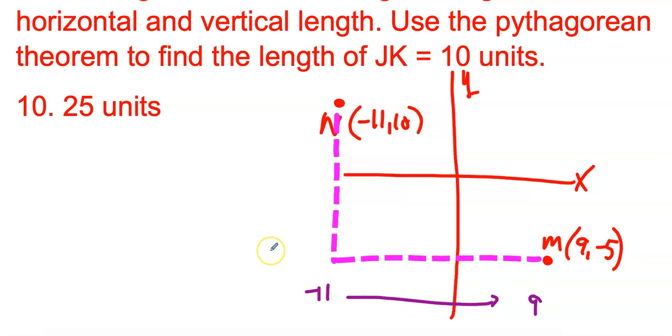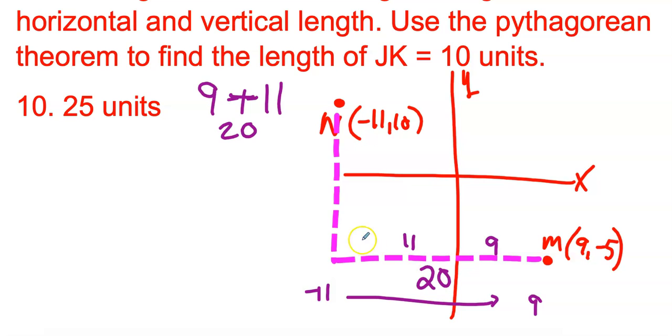Okay, so you can either subtract them and take the absolute value, or you can figure that out. I'm going to subtract them. So 9 take away a negative 11, 2 negatives become a positive, and 11 plus 9 is going to be 20. So this is 20 units long. Another way you can think about it, from a negative 11 to a 0 is 11 units, and then from 0 to 9 is 9 units, therefore I traveled 20 units.